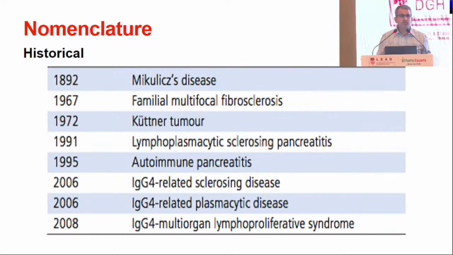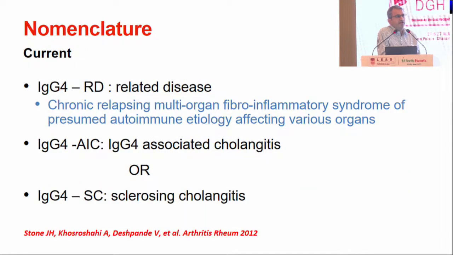I'll just give you a brief background in 2 or 3 slides. This was a very poorly defined term. A lot of names came in: Mikulicz's disease, Kuttner's tumor, autoimmune pancreatitis. Then the experts sat down somewhere in 2012, I believe, and came out with the name IgG4 related disease.